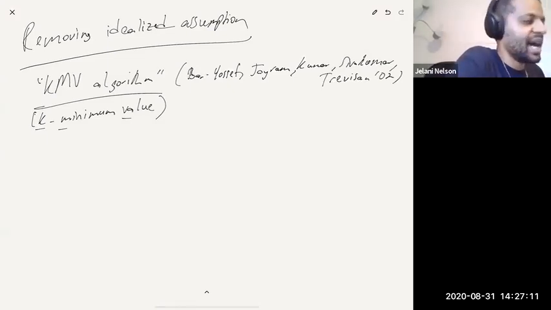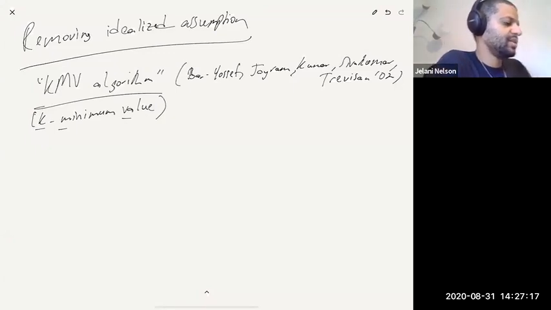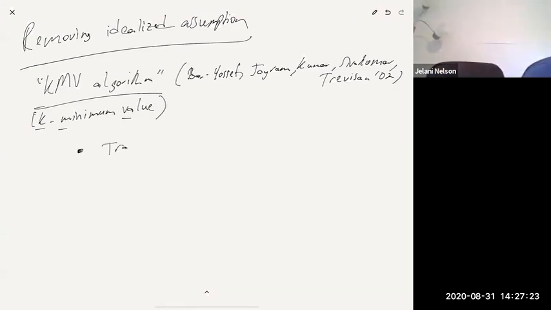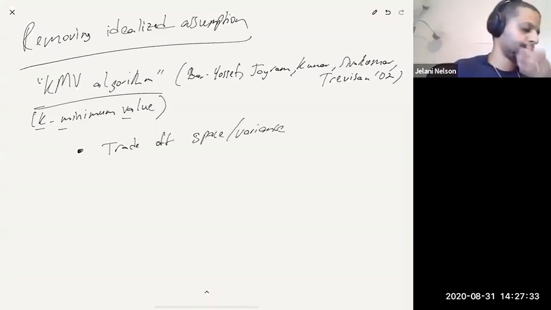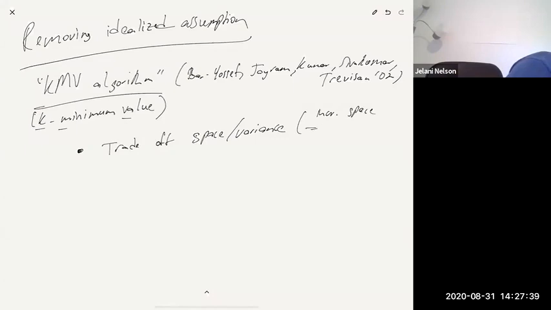It's as the name suggests. We're going to trade off space and variance in a different way. We're going to see that if you increase the space, you can reduce the variance.